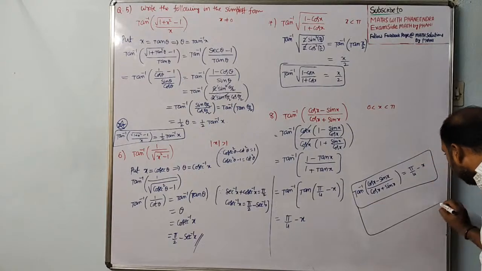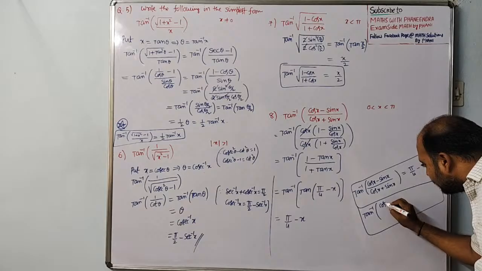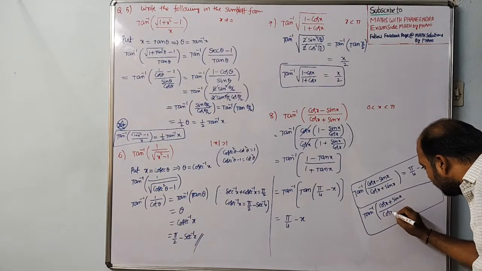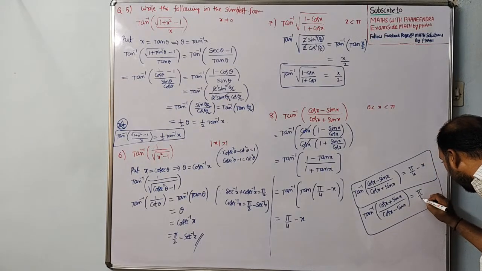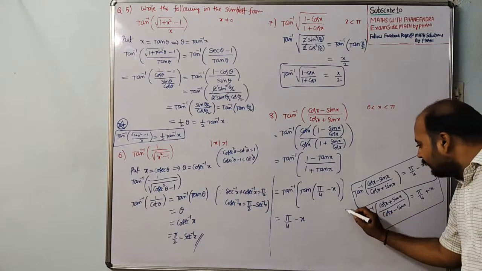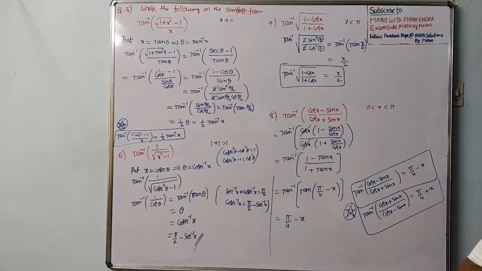Suppose if numerator and denominator are interchanged, cos x plus sin x by cos x minus sin x, then in the numerator plus is there, which means in your answer also plus will come. So you remember, dear students, these are the important points. Wherever it comes, you can directly write it.